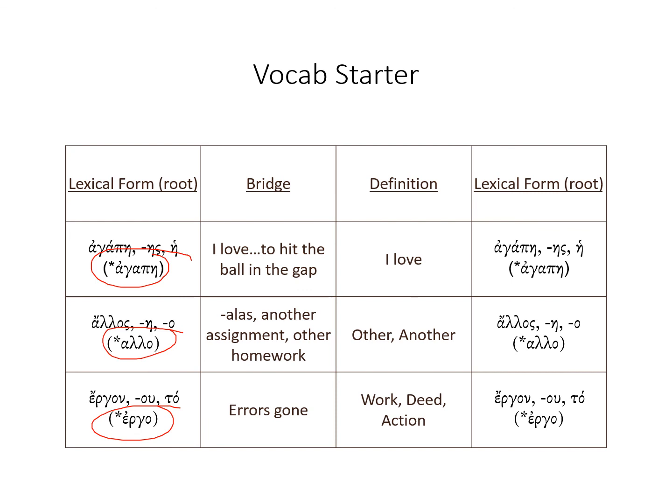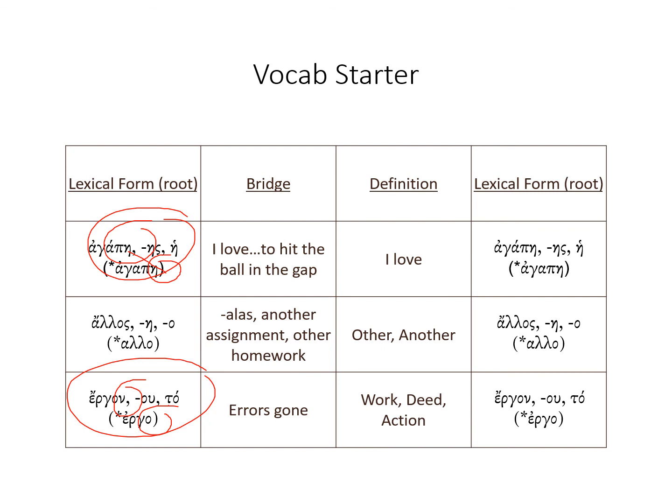So if we take a look here at agape, you can see right here our eta is the ending, and in the nominative singular, the feminine does not have a case ending, so we can see right here it's the same. But when we come to the neuter word ergon, here we have ergo, that's our stem ending, and we add the nu for the nominative singular, and that's how we get from the stem to the actual lexical entry.